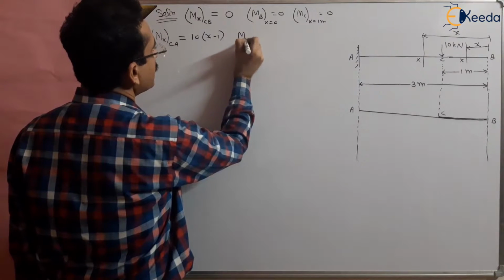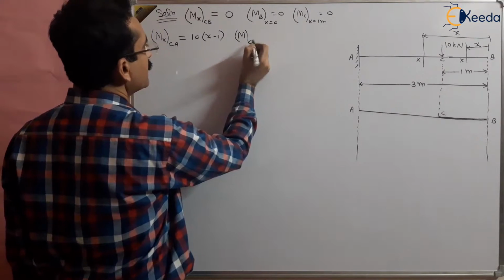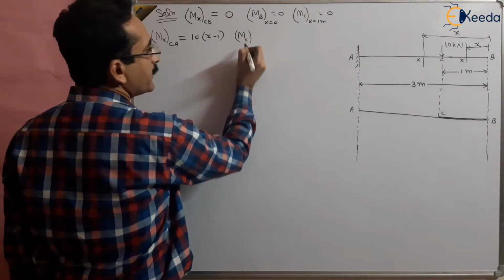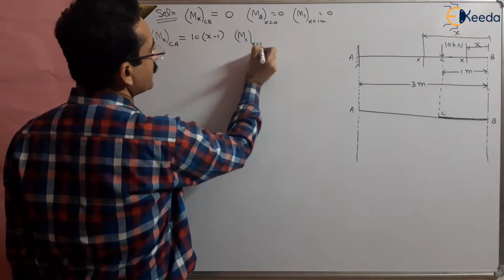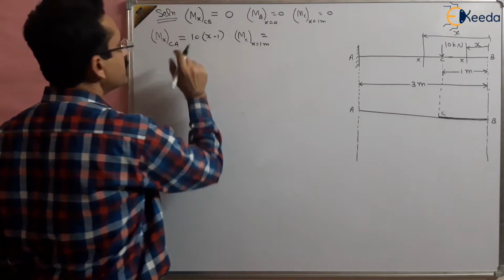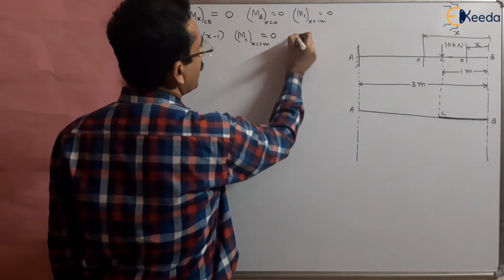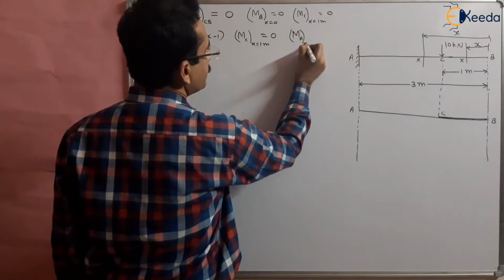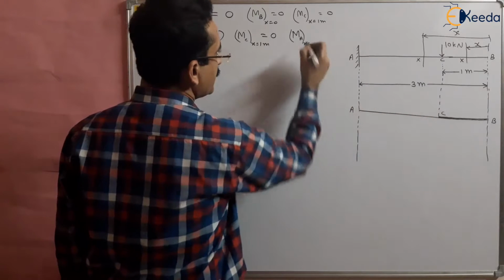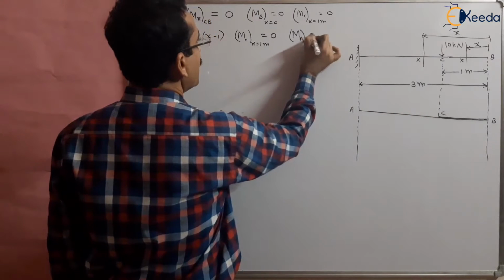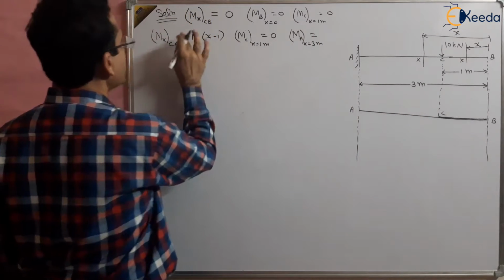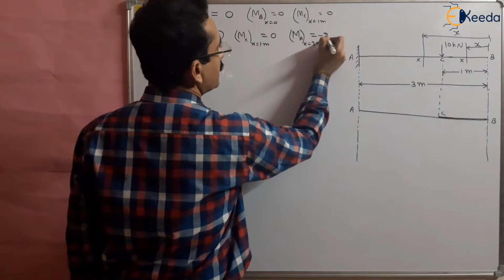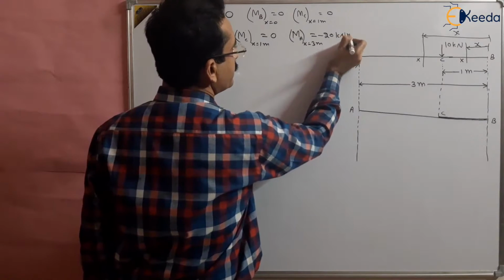So at point C, x is 1 meter, you will get 0 bending moment. And at point A, where x is 3 meters, the bending moment is 20. This is minus actually, minus 20 kilonewton meter.